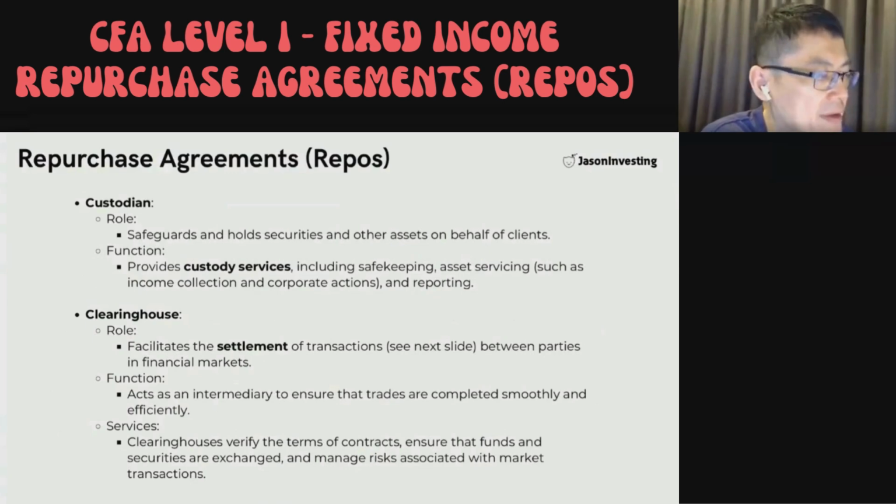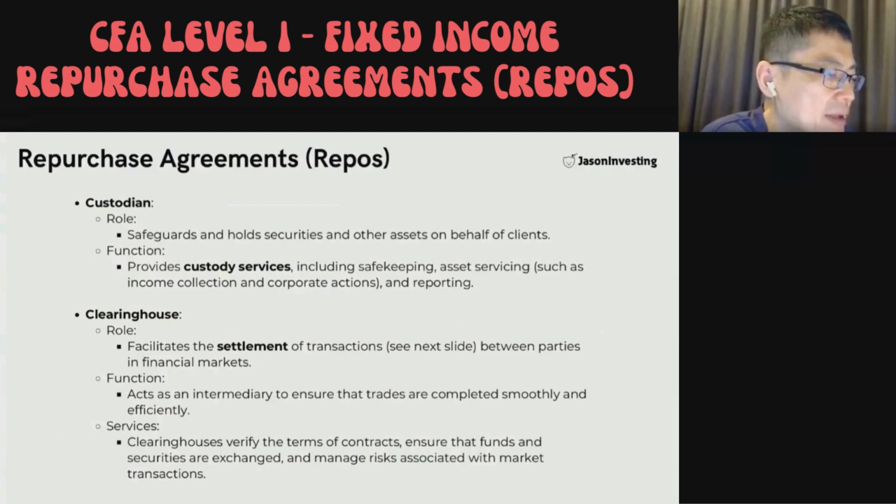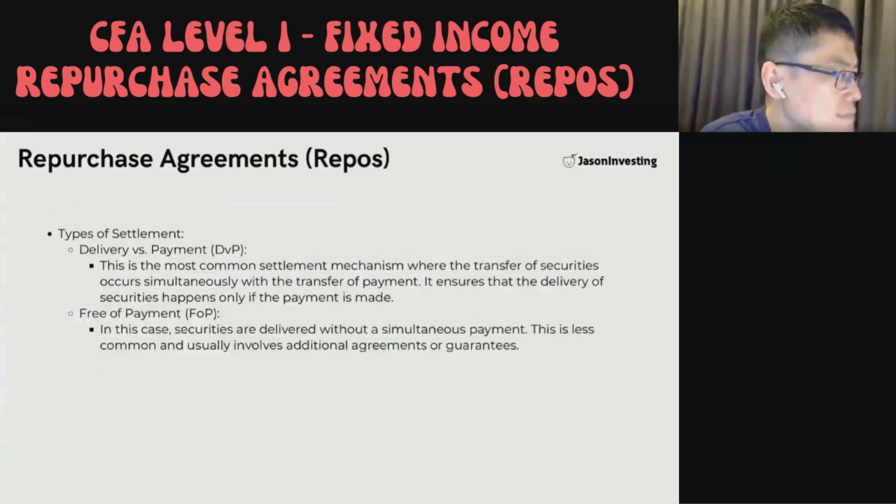For example, in the earlier variation margin example, if there is an increase or drop in the price of the bond, each side will pay the other side on a daily basis. This is also known as daily margining.